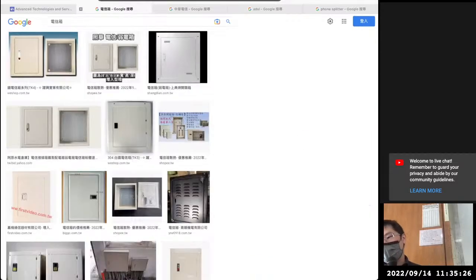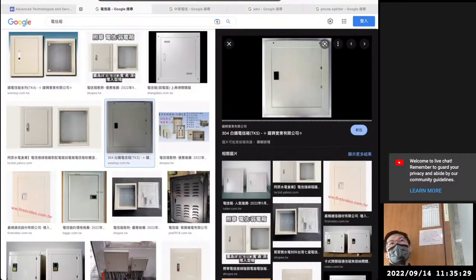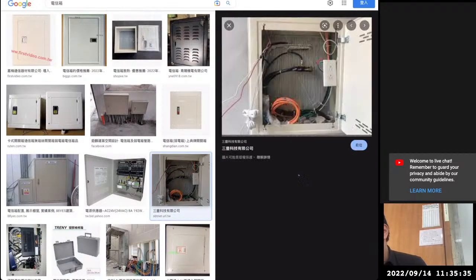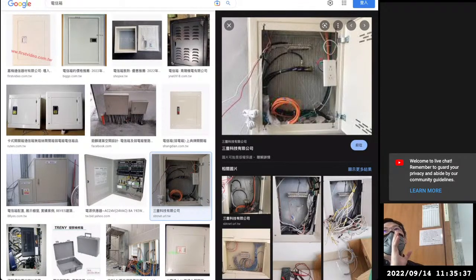I know maybe you have seen it in your apartment. Okay, there's a small box. Inside it looks like this. Every phone line in your apartment or your cable line will pass through this small box near your main gate, okay?